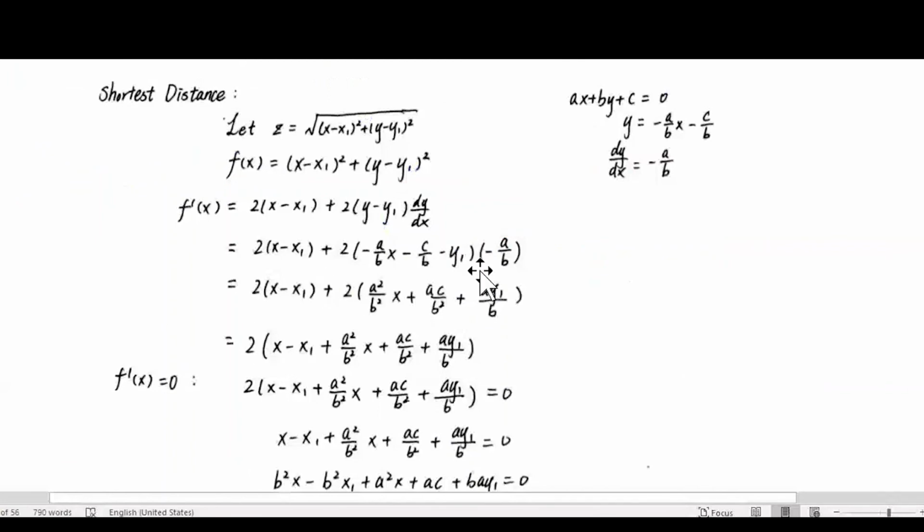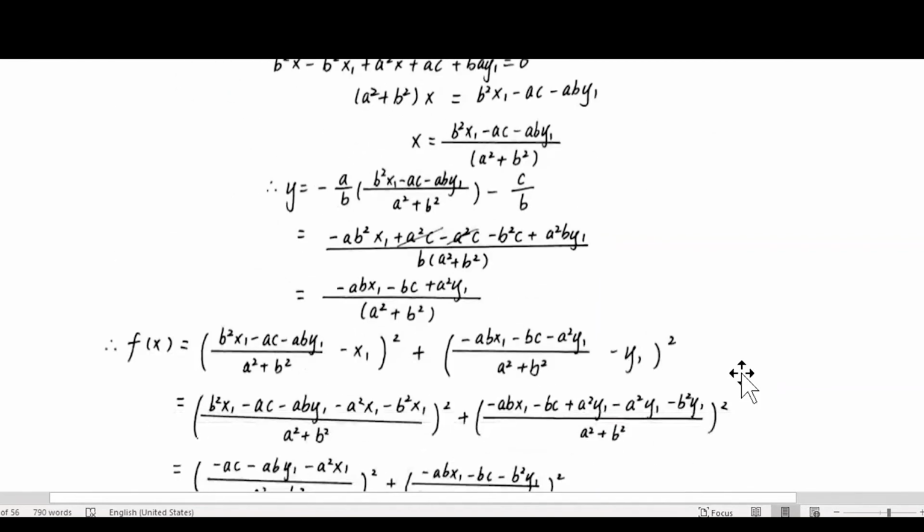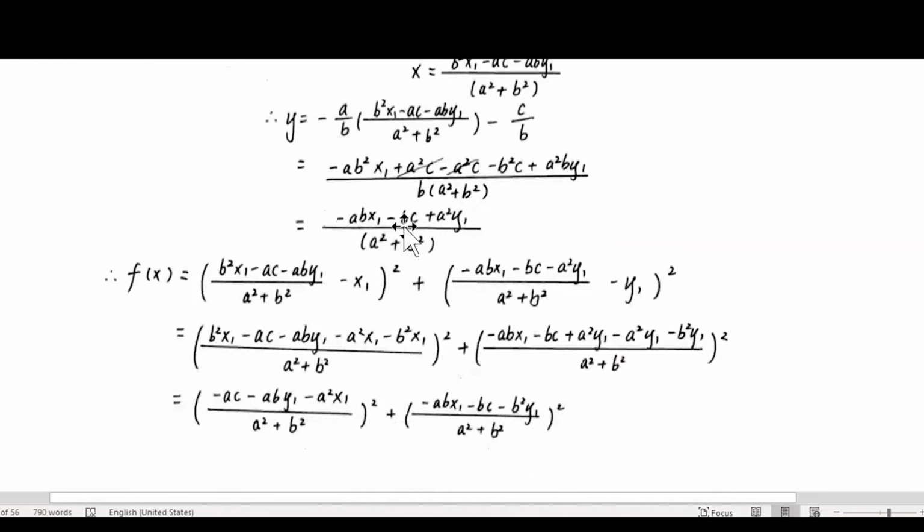We are right here. Simplify and set it equal to 0, and let's see how much algebra is required to actually solve this. Plug it back, and that is the y value. Plug it back into the function.